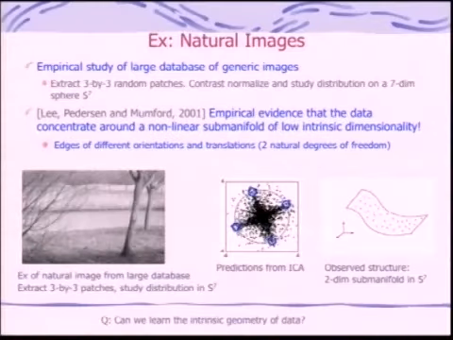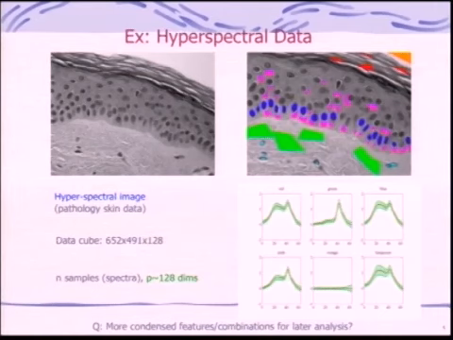So here are some more examples of structure in data. On the top here, we see a microscopic cross-section of skin tissue. And at each pixel position, I've recorded the spectral characteristics. Here we see some examples of spectra for different tissue types.